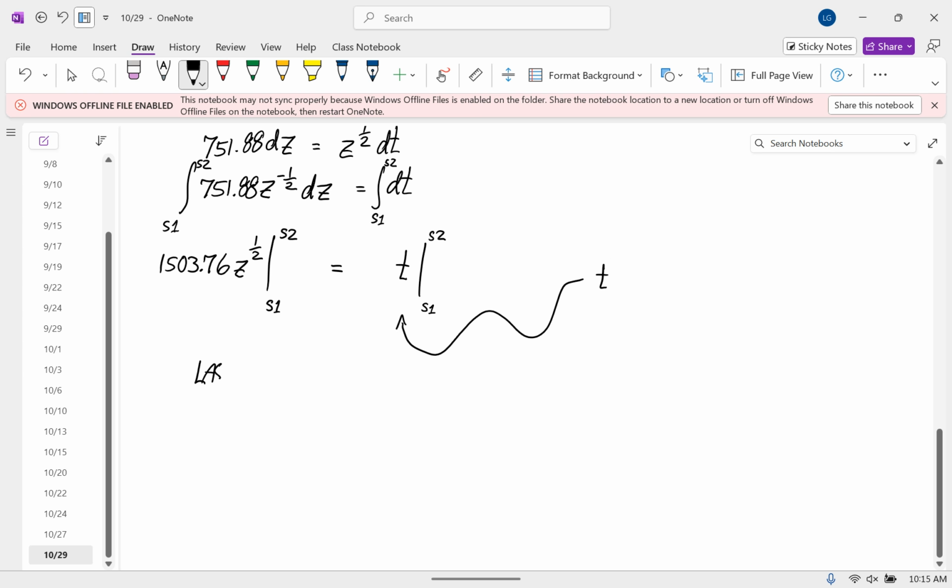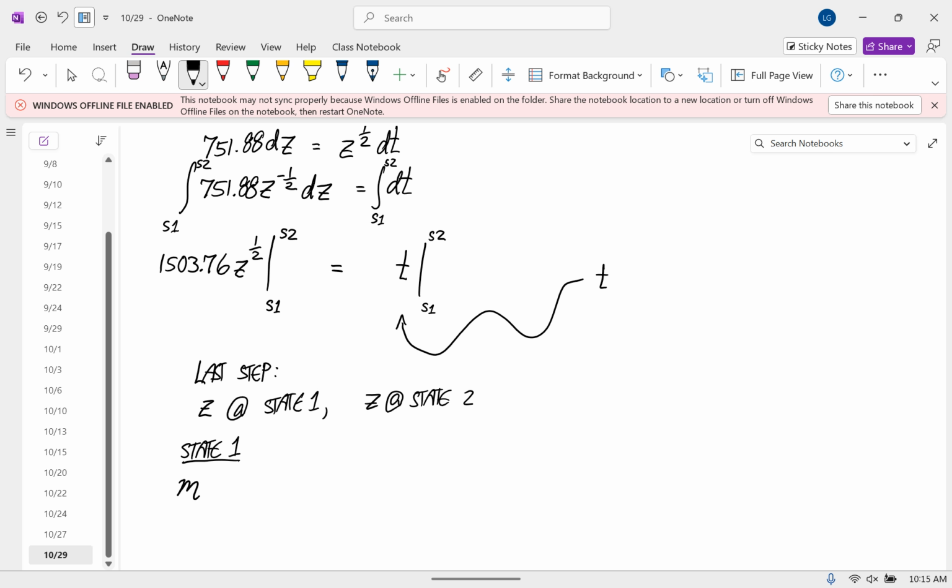So the last step is Z at state 1 and Z at state 2. State 1, we know that the mass is 2,500 kilograms. And that's equal to the area times the height times the density.